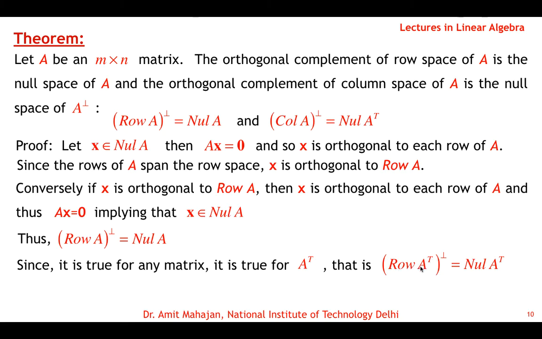So the row space of A transpose is the same as the column space of A, because the column space is the linear combination of columns of A, and the row space of A transpose is the linear combination of those columns of A written as rows. So these two must be the same. We can substitute it here, and we have that the column space A perpendicular is the null space of A transpose, which is our second result.